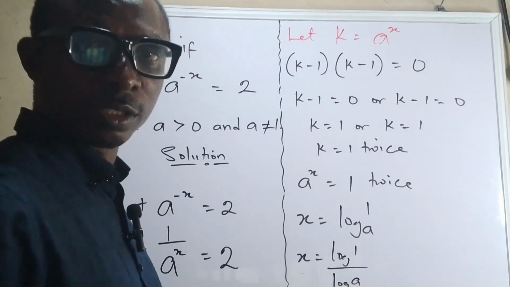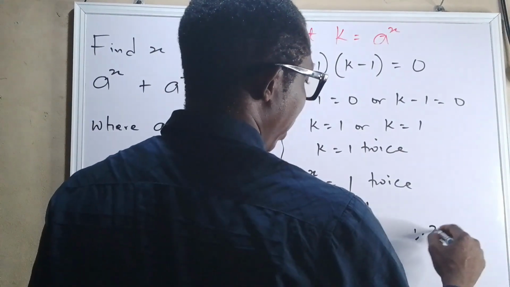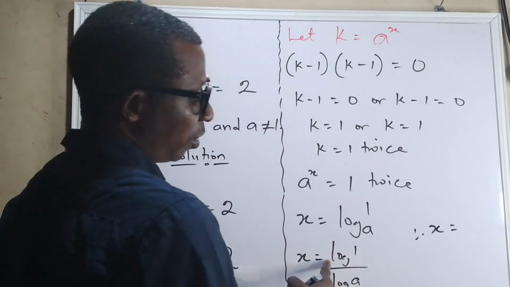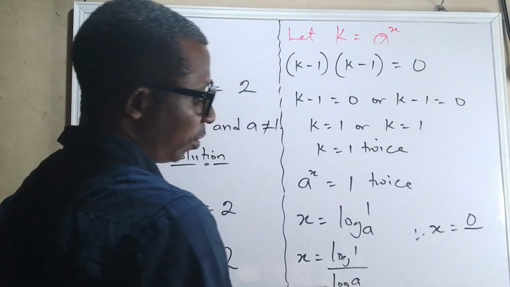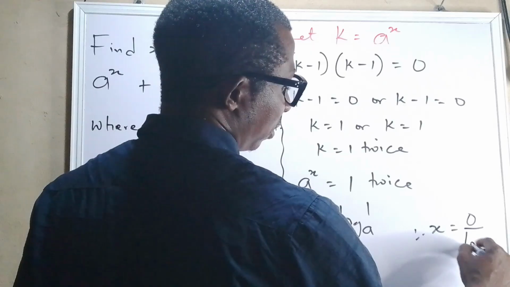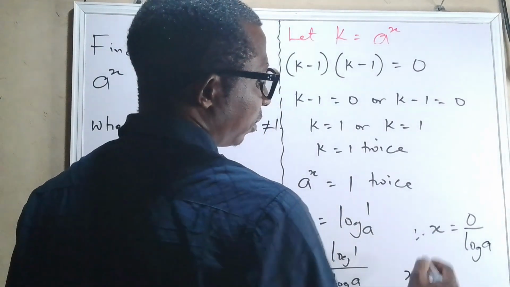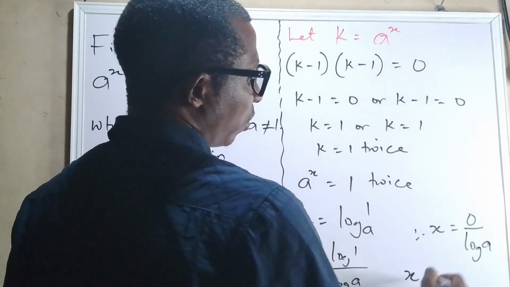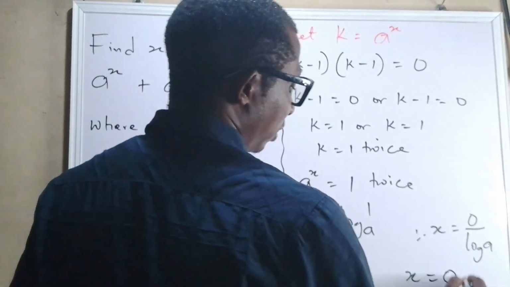Now this is change of base, right? So therefore x equals, now log of 1 is what? 0 divided by log of a. Right? So therefore x will be equal to what? That will be 0. So x is 0.